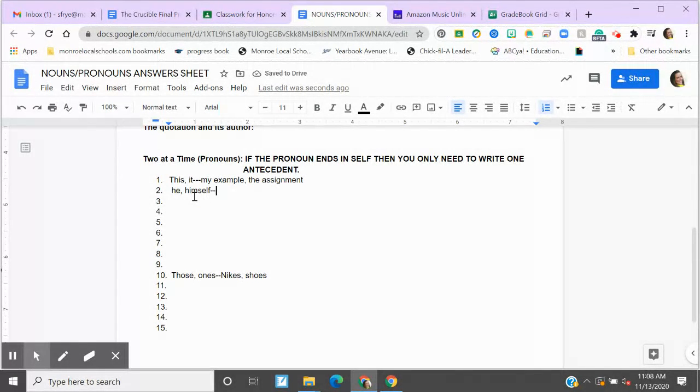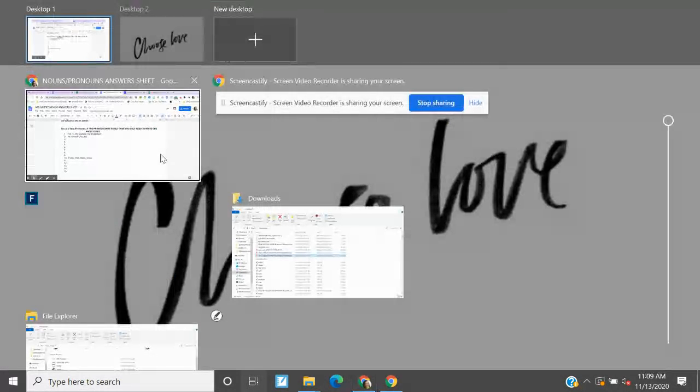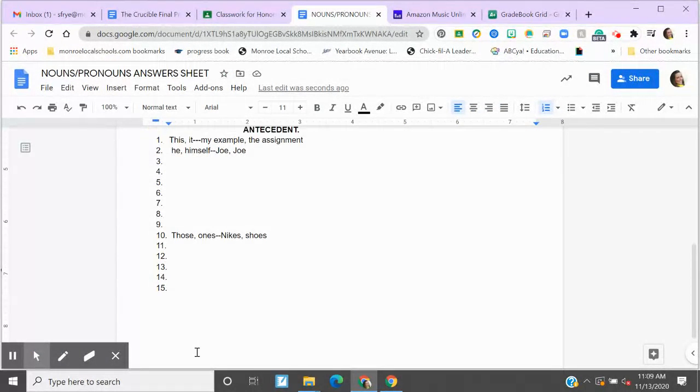Then what are some words I could use instead of he? I could just say Joe. Joe hurt himself during gym. What does himself replace? It also replaces Joe. So it says Joe hurt Joe during gym. Those are my antecedents. That's what your paper should look like when you're done.